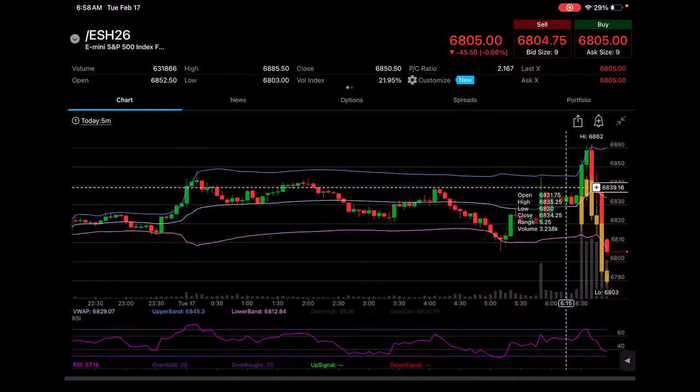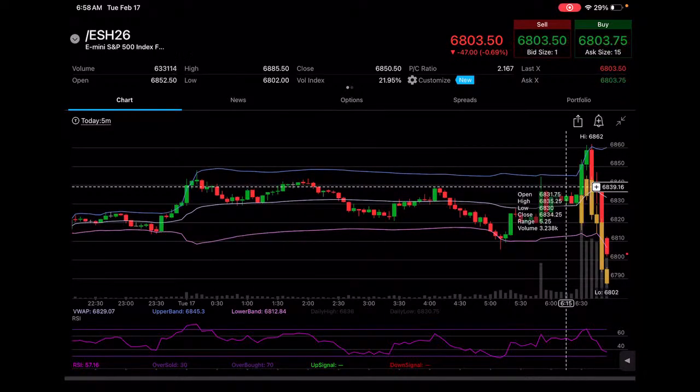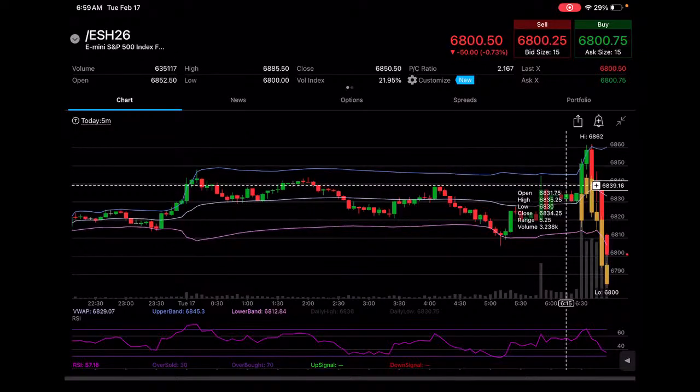And it looks like 6860 is going to be a good spot. So again, we're going to buy a call at 6860, and we're going to sell a call at 6865. And now we're going to take a look at the puts.